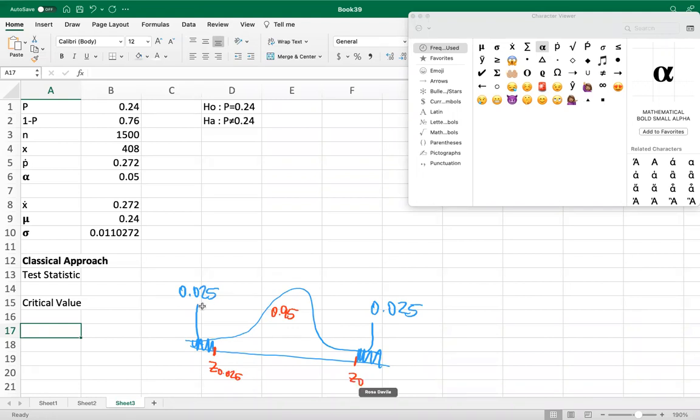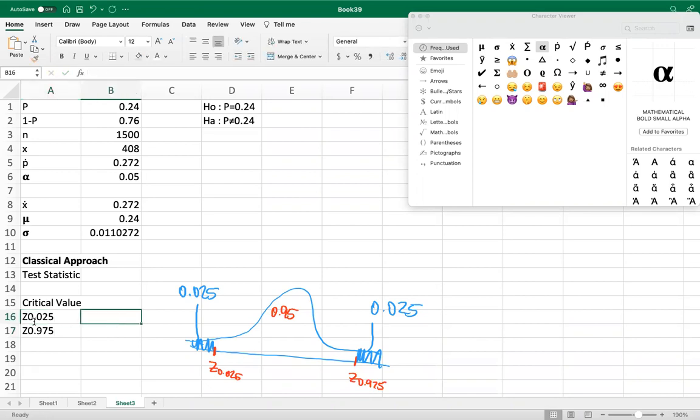When we add those together, we get 0.975. So those are the two critical values that we're going to identify right now. We have z of 0.025, and we're also going to find z of 0.975.